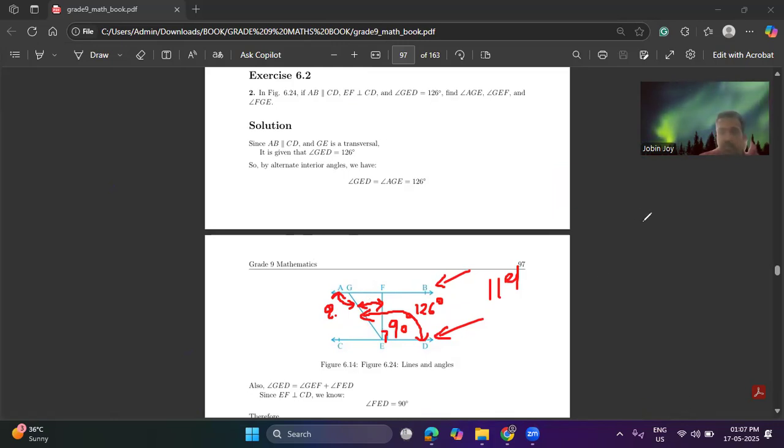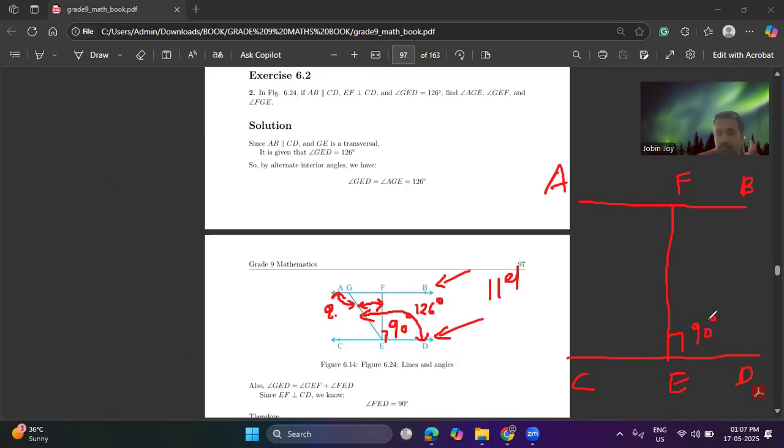Okay, that means I will draw once again. This is our line AB. This is our line CD. Okay, so there is a perpendicular line. This is EF that is given, and this is a right angle. That means this is 90 degrees. So this is G. So calculate AGE, AGE means this angle.